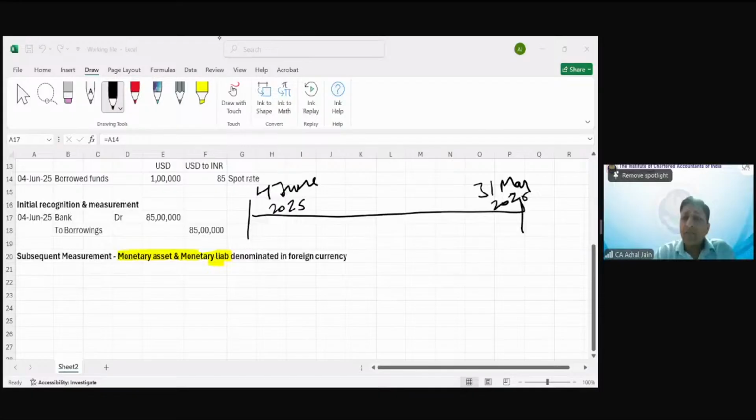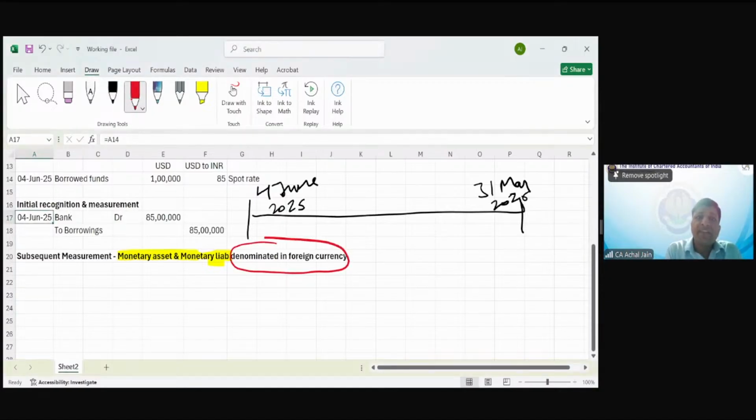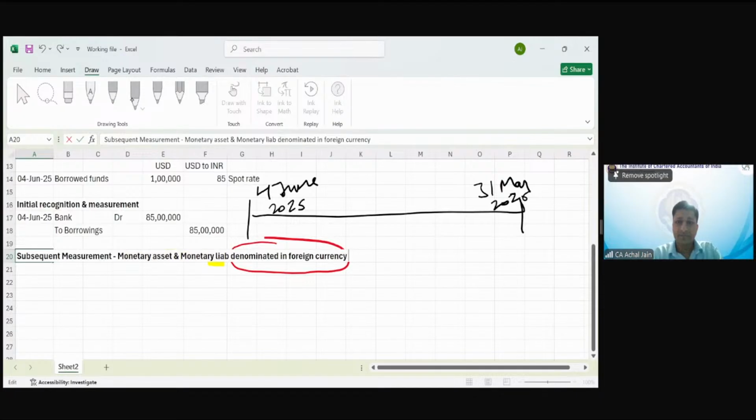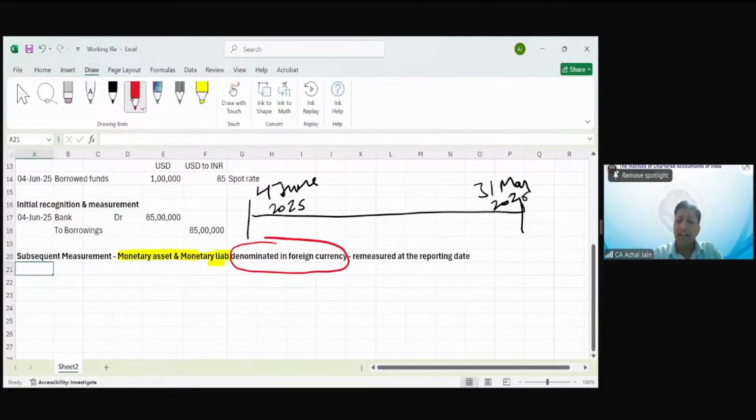Very good. So now, in respect of monetary, not non-monetary, monetary assets and monetary liabilities, if they are denominated in foreign currency, then they are required to be remeasured. When do you remeasure them? At the reporting date, means the balance sheet date.